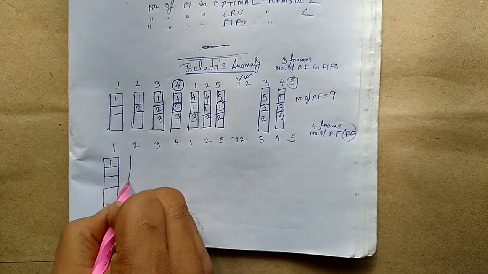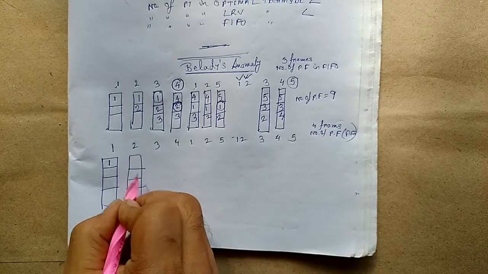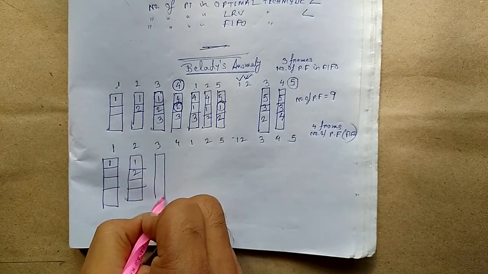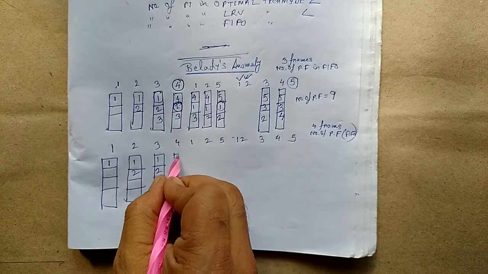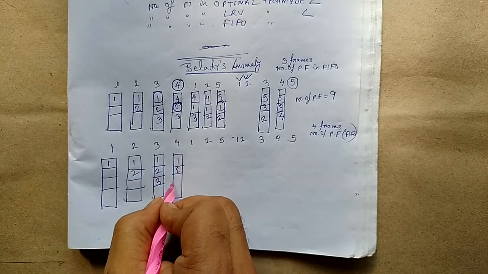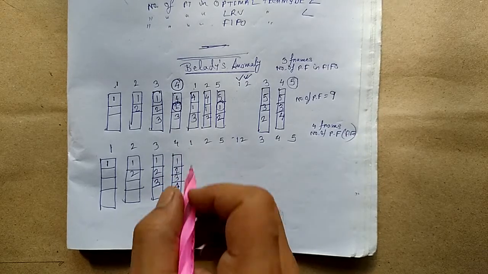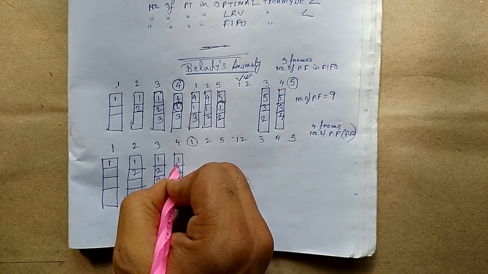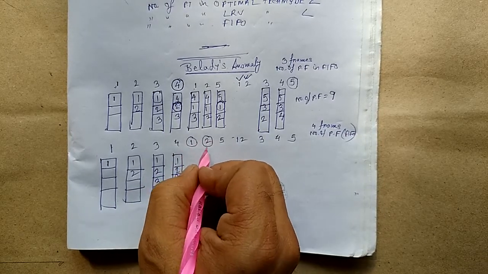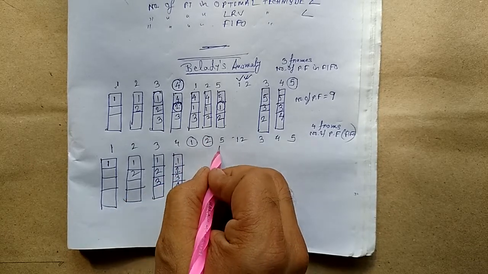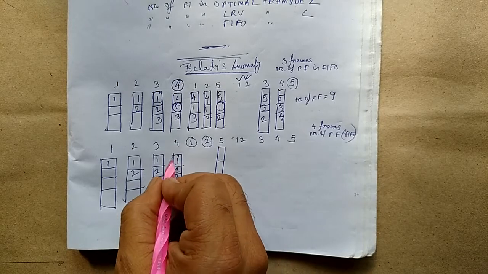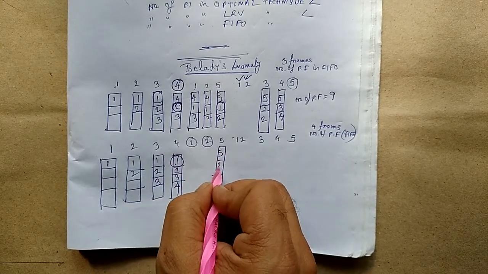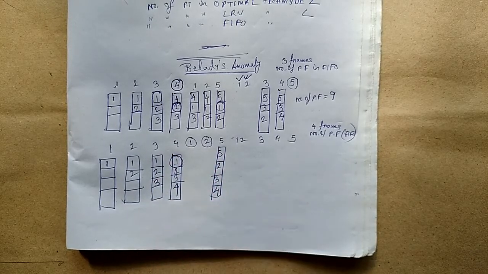First position 1, next 1 and 2, next 1 2 3, next 1 2 3 4. Next 1 is already present, so there will be no page fault. Next page is 2, already present. Next page is 5, so 5 will replace the first position: 5 2 3 4.